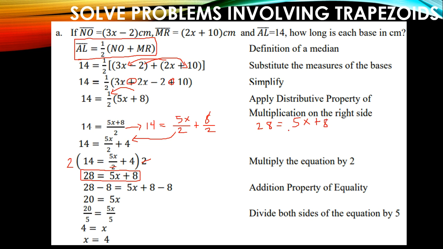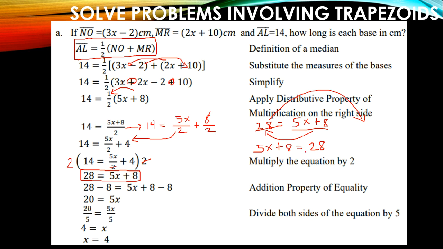Then we're going to interchange na to ni siya, tanan ibutang na to sa left, ang 28 ibutang na to sa right, without changing the signs. Kita namang terms atong i-change, atong i-transfer. So ana na siya, 5x plus 8 equals 28. So dapat ang left side sa equation variables ra or numbers with variables, right side kay numbers only.